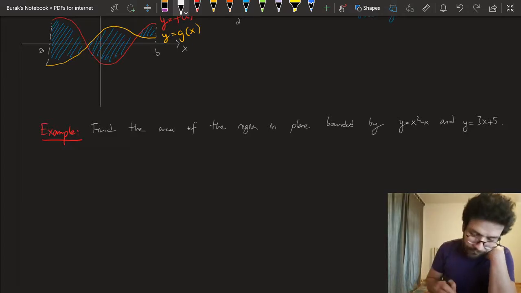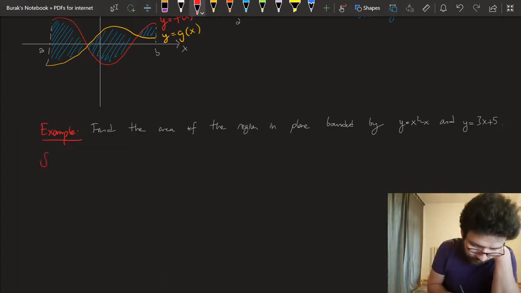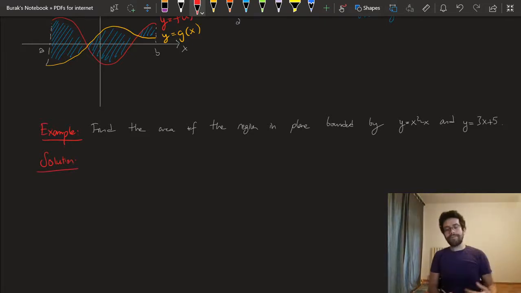Okay. So I'm supposed to find the area of a region in the plane, and the region that I'm given is apparently the region bounded by 2 curves. Which curves? y equals x squared minus x and y equals 3x plus 5. So one of them is a parabola, the other one is a line.